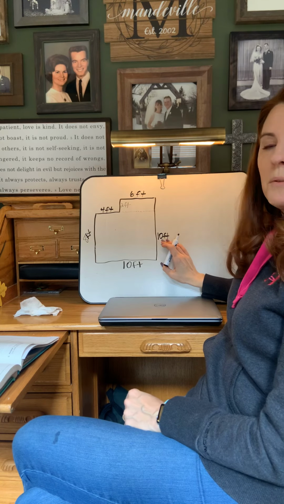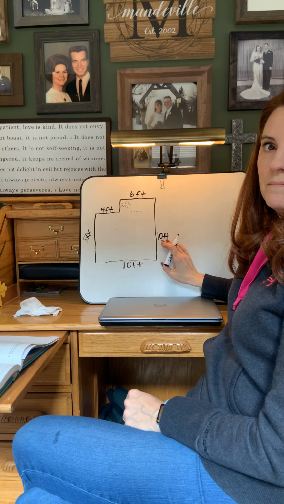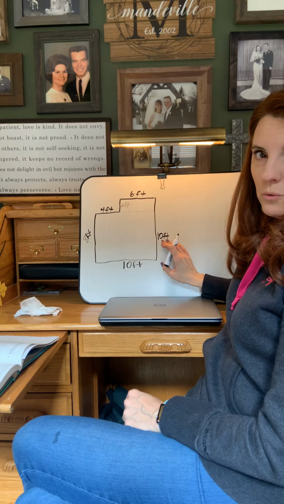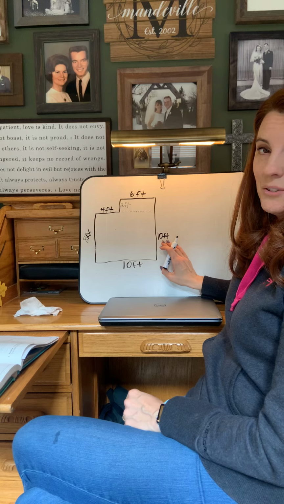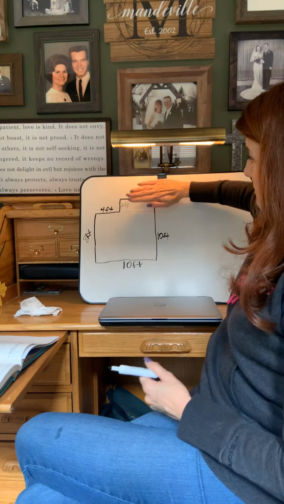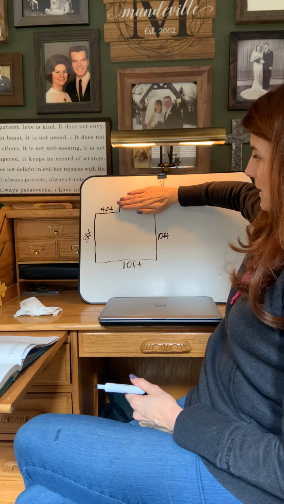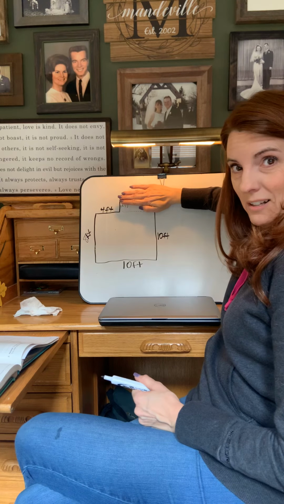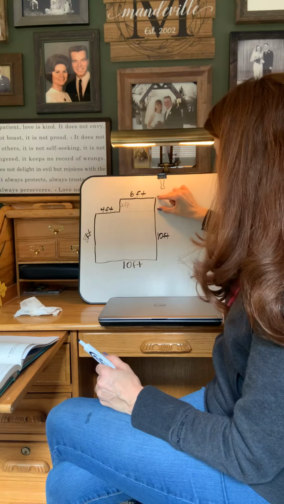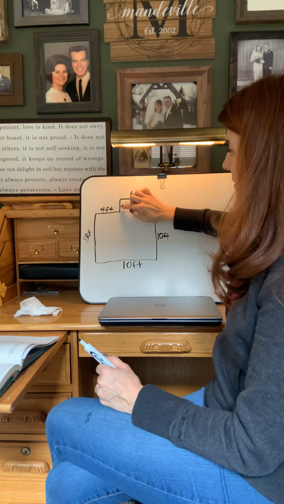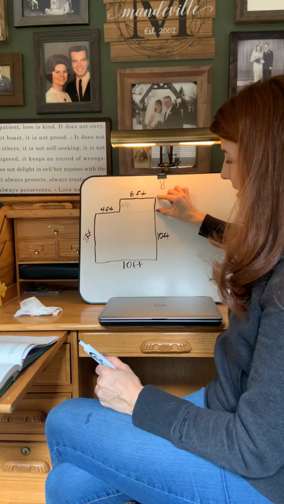It wouldn't be 10 feet. Why wouldn't it be 10 feet? What did we do that changed it so now it's not 10 feet? Do you see it? We removed this. So we have to be really careful that we don't forget and use the 10 feet, because 10 feet goes all the way up to here. That's how I knew that this was 2 feet, right?